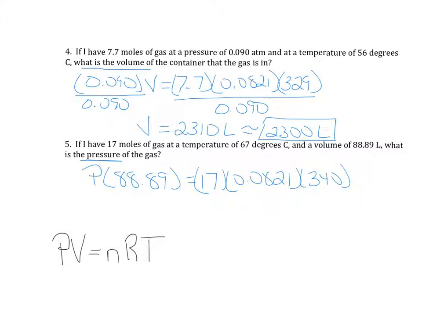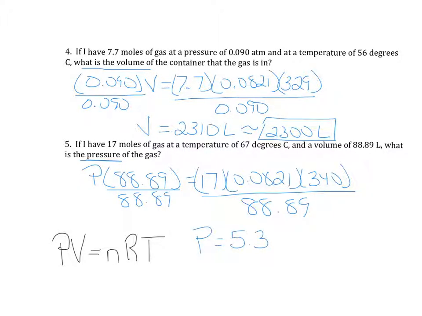So here, to solve for pressure, all we have to do is divide by 88.89. And you're going to get a pressure that is equal to 5.3 atmospheres.